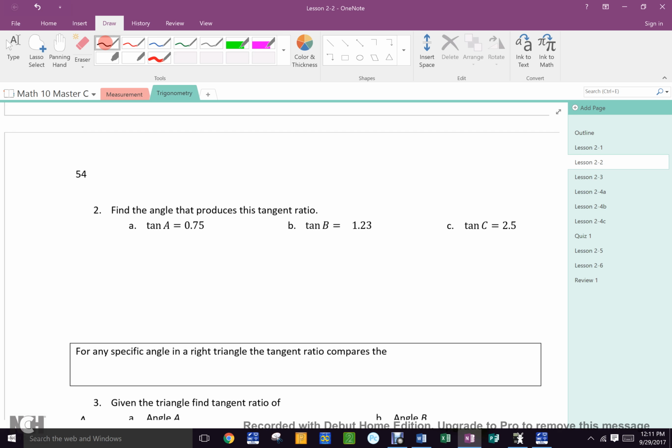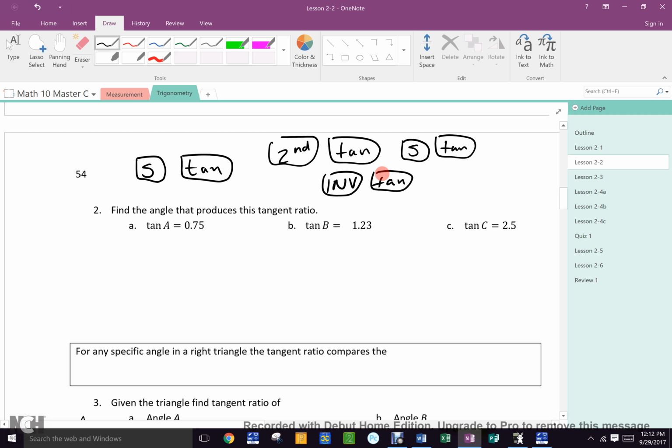And you do that on your calculator by using the shift tan function. So on most of your calculators, you will push second tan, or you will push shift tan, or you may have INV, tan. On your calculator, if it writes the words, it will show tan -1.